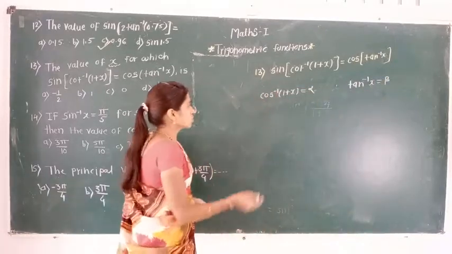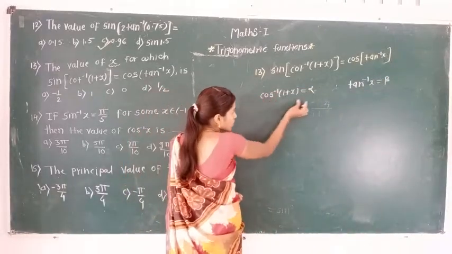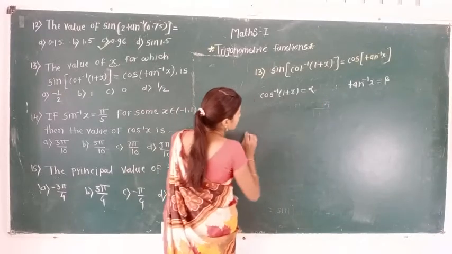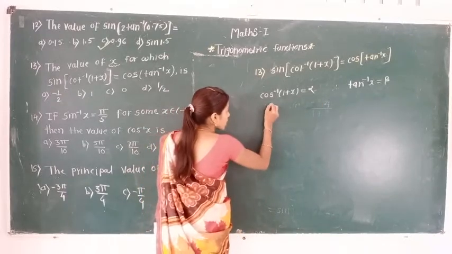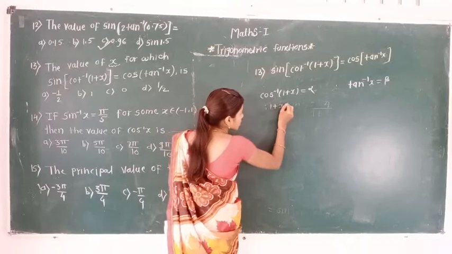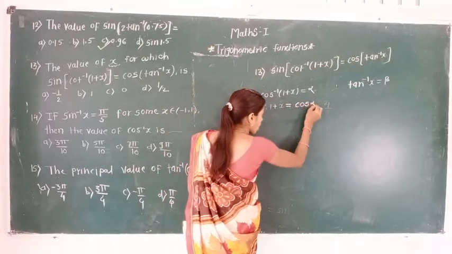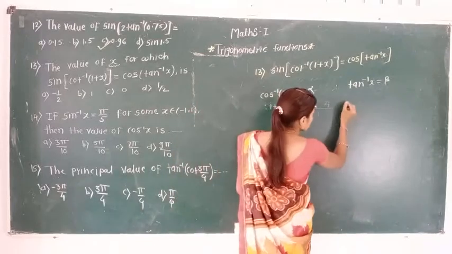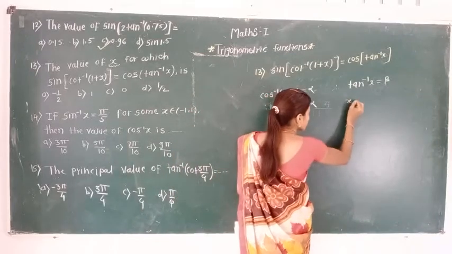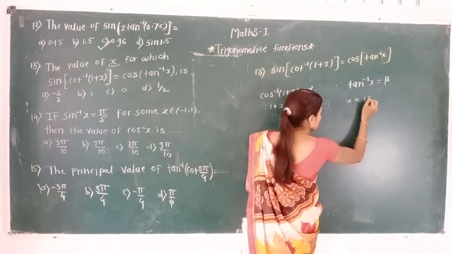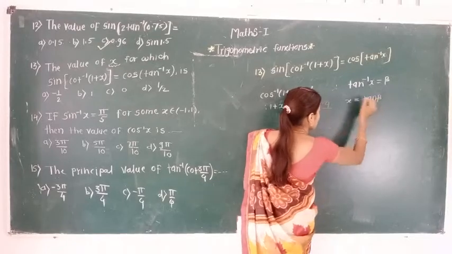So first we transform this trigonometry to the right hand side. We can write 1 plus x is cot alpha and here we can write x is tan beta.